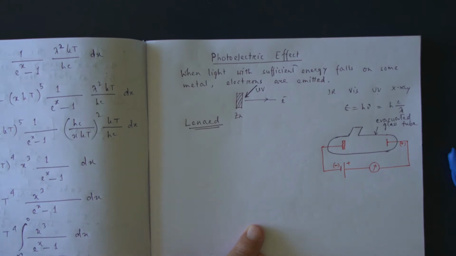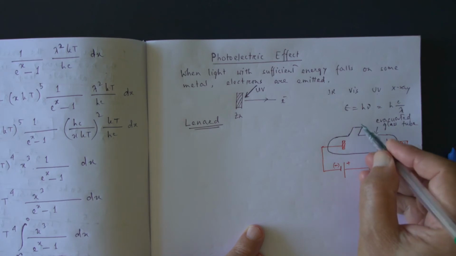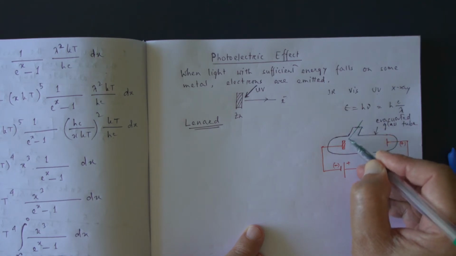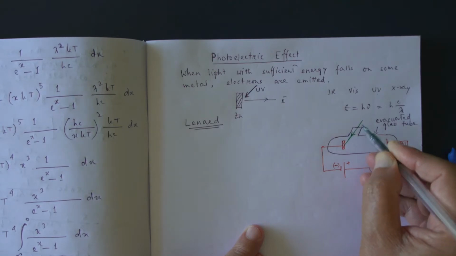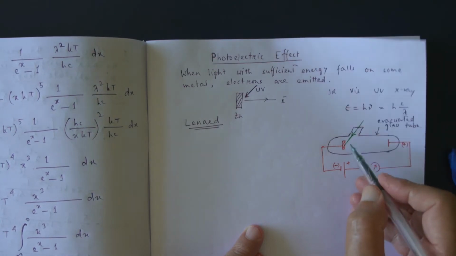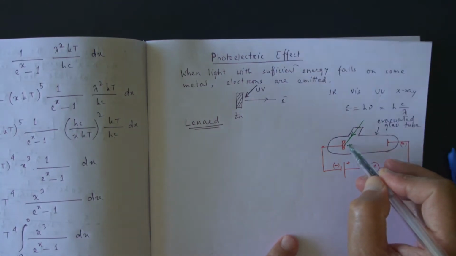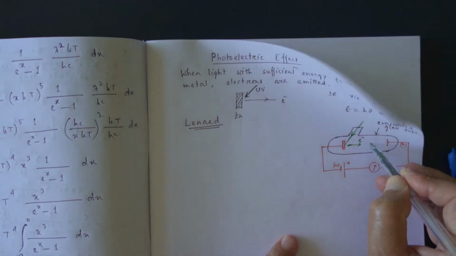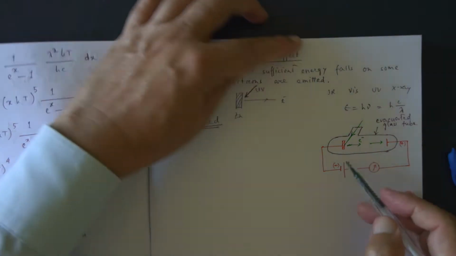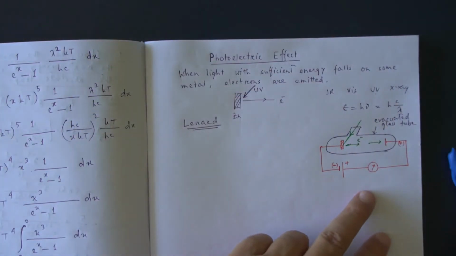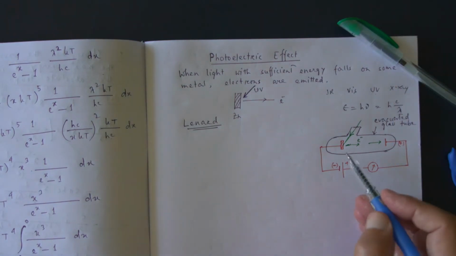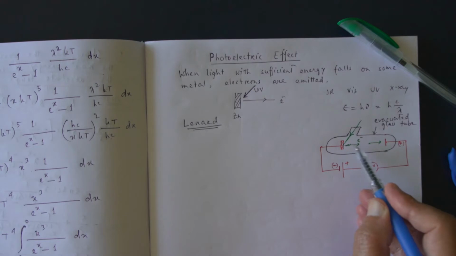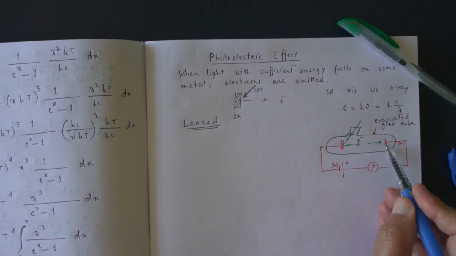So this is a beam of radiation. The beam of radiation is coming and falling on the metal. So electrons are emitted. Electrons are moving from here to here, that means there is electric current.